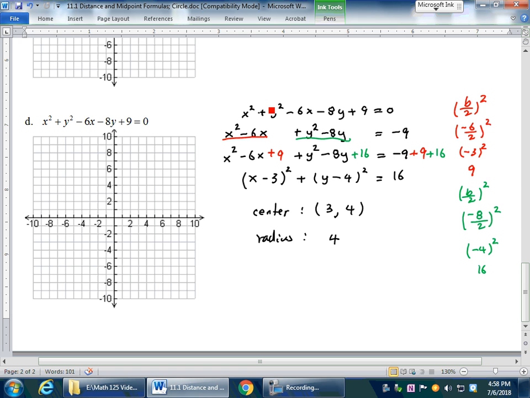My center will be (3, 4) right here, and I'm going to go 4 units up, 4 units down, 4 units to the right, and 4 units to the left. Those are on my radius. Now if I draw all of those points connected, that will be my circle. And this ends this section.